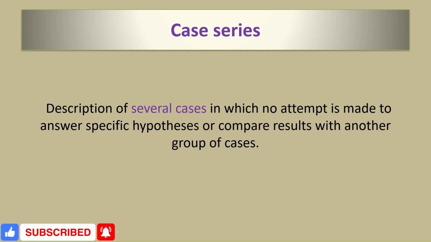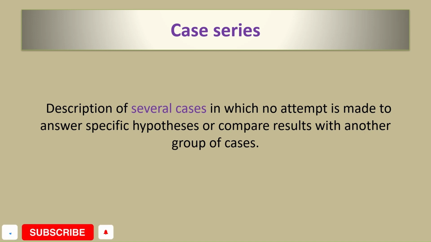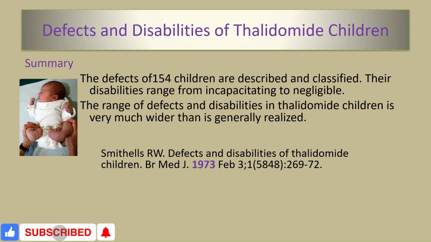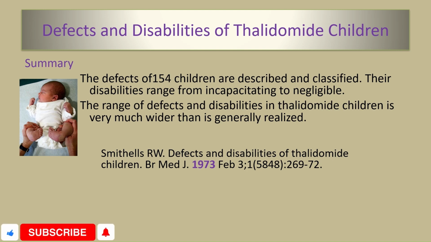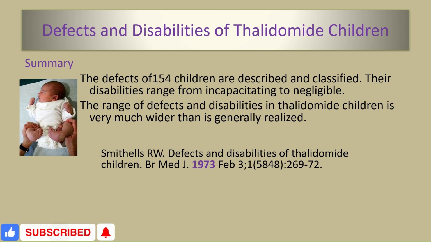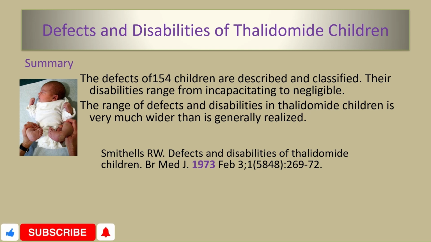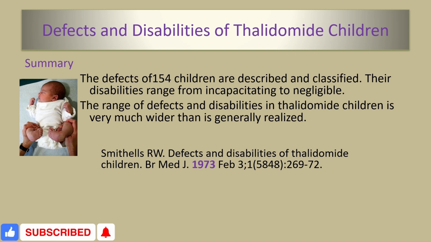Case series: description of several cases in which no attempt is made to answer specific hypotheses or compare results with another group of cases. Defects and disability of thalidomide children. In this article, the defects of 154 children are described and classified.